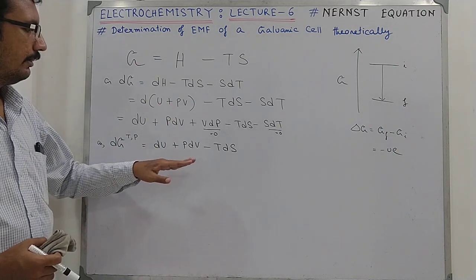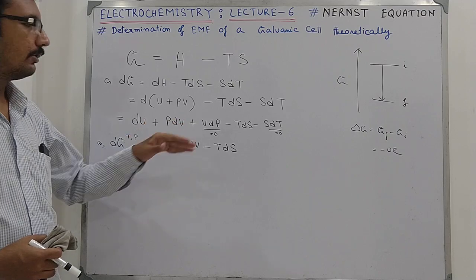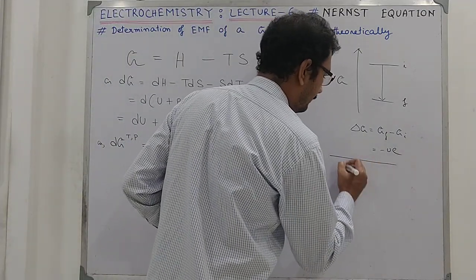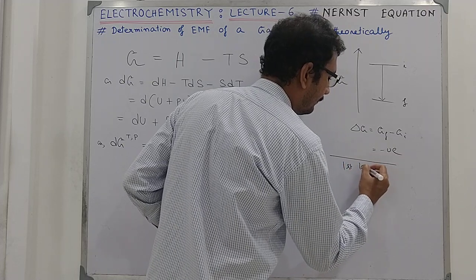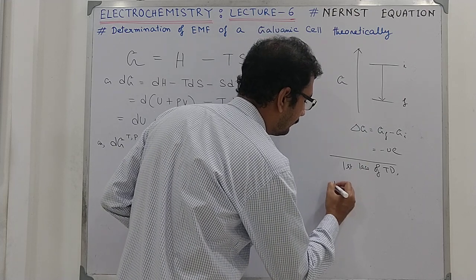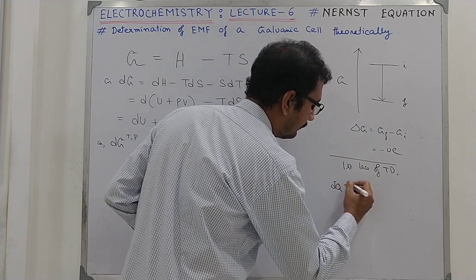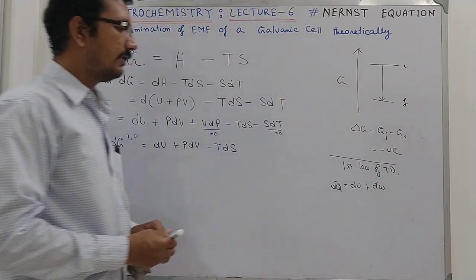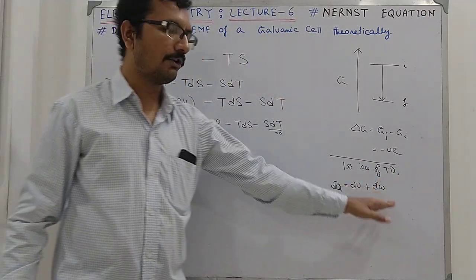Now let us recall the first law of thermodynamics, which is given by this relation, d cross q equals dU plus d cross w.